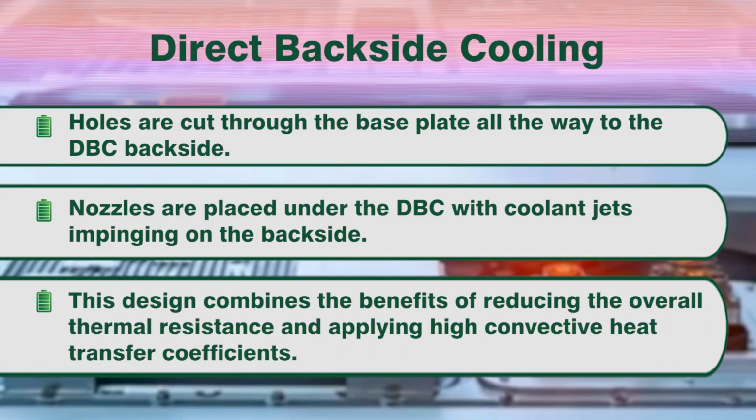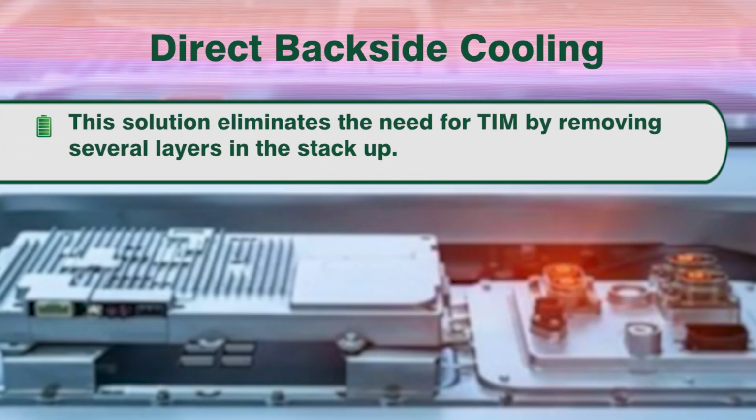This design combines the benefit of reducing the overall thermal resistance and applying high convective heat transfer coefficients. This solution eliminates the need for thermal interface material by removing several layers in the stack up.